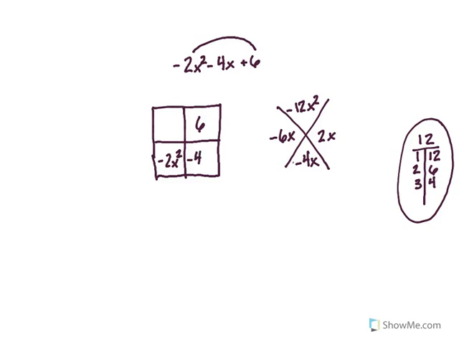And I'm just going to put it in my box. So negative 2x, sorry. And that's positive also. And this is negative 6x. Now I just need to pull out my greatest common factors. So in my first column I can pull out a 2, and I'd be left with x here and left with 3 here.